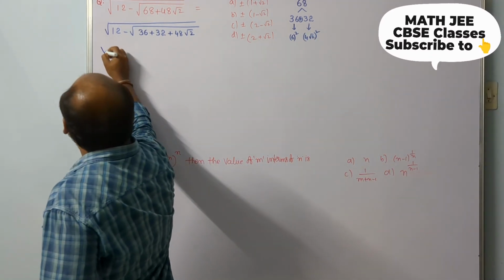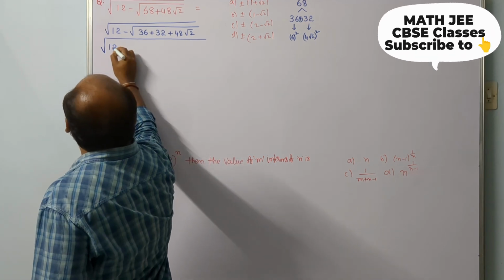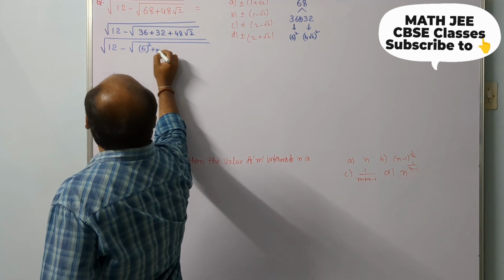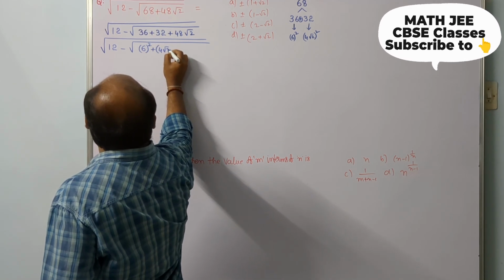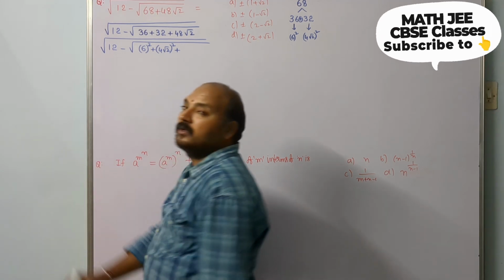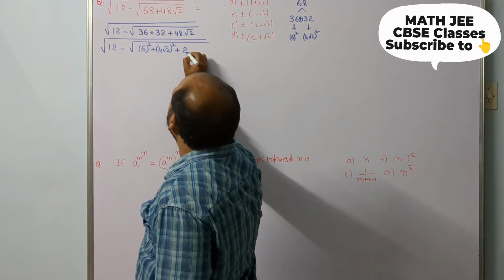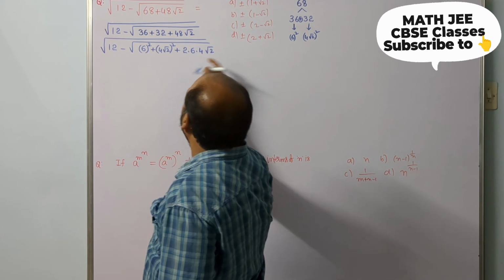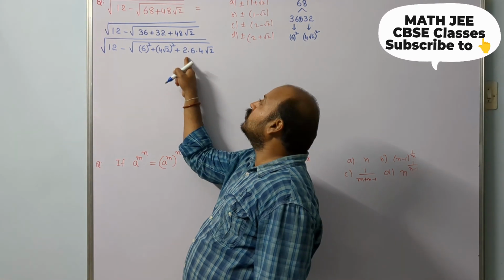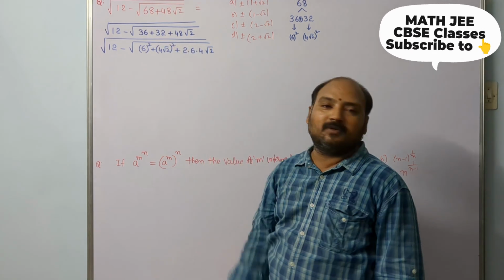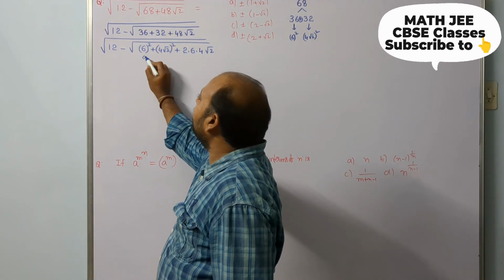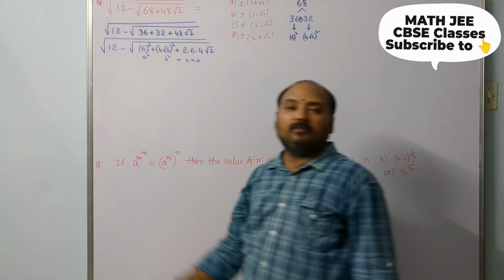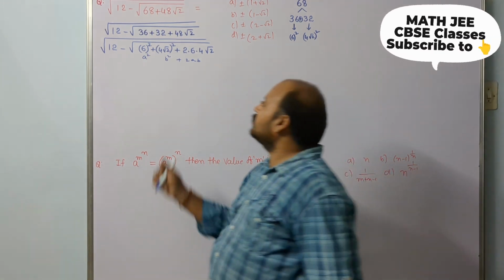So now, square root of 12 minus square root of 6 square plus 4 root 2 whole square. 48 can be written as 2 into 6 into 4 into root 2. See here, 6 into 4 is 24, 24 into 2, 48, we got it, and root 2 also. Now it is in the form of a square plus b square plus 2ab. So a plus b whole square.